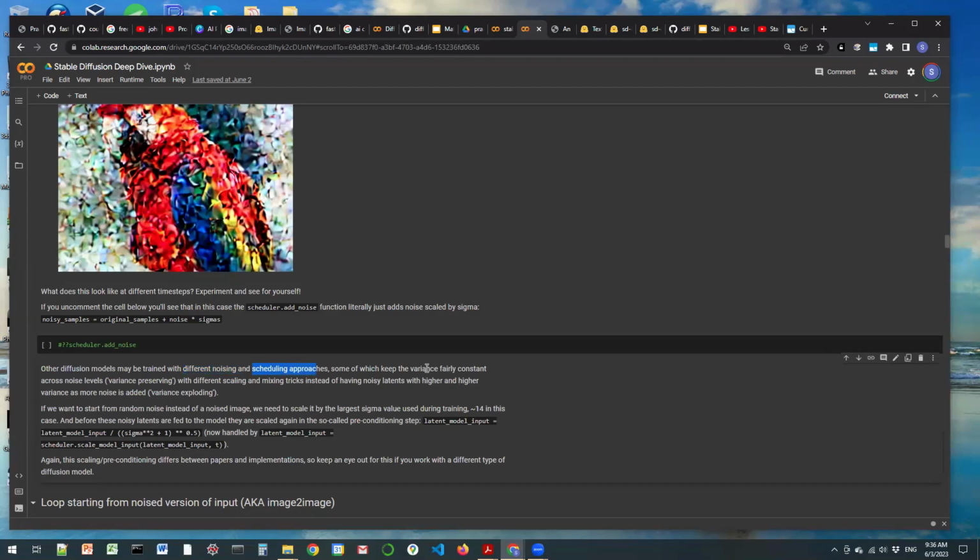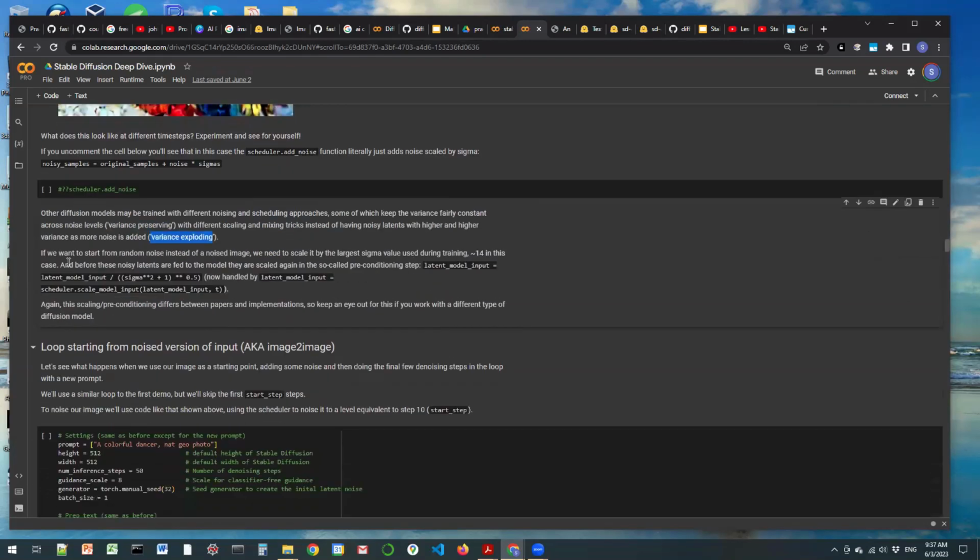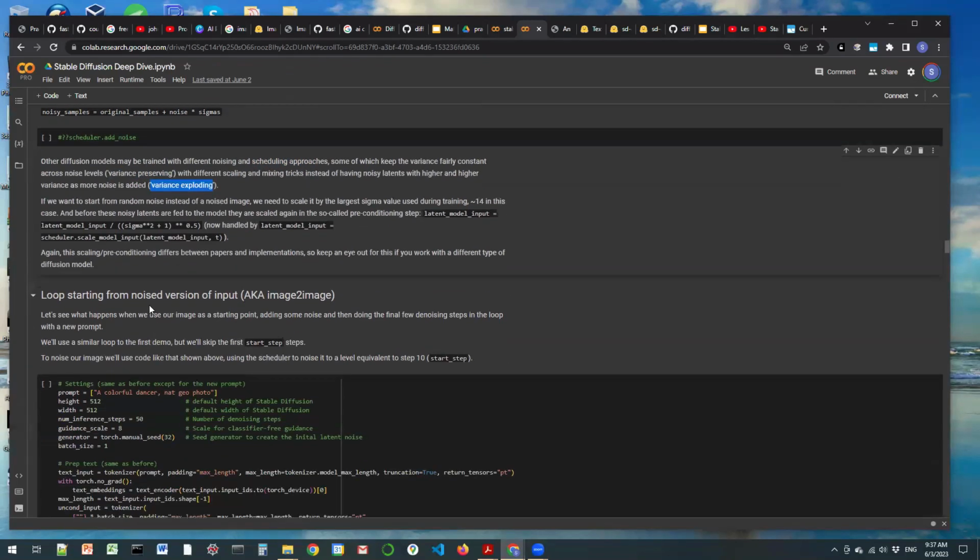As we saw, one of the simplifications in the math of diffusion is saying that you can keep the variance constant across noise levels, which is called variance preserving, or you can allow the variance to vary, and in this case, it's called variance exploding. And then the scaling and how we get the model and so on and so forth.